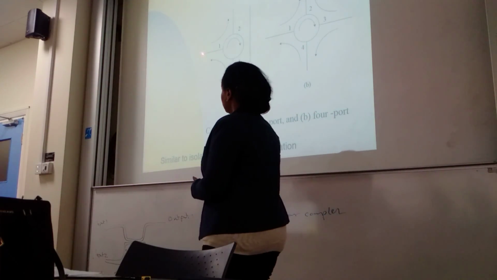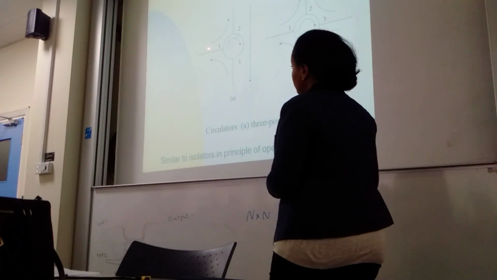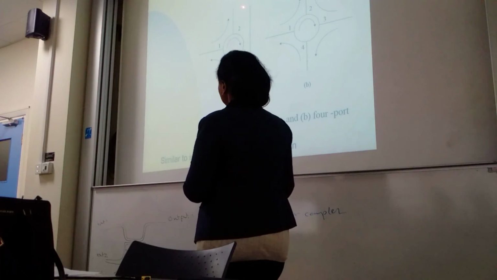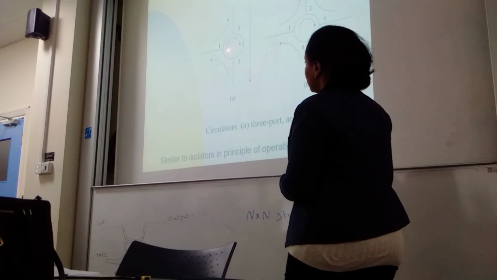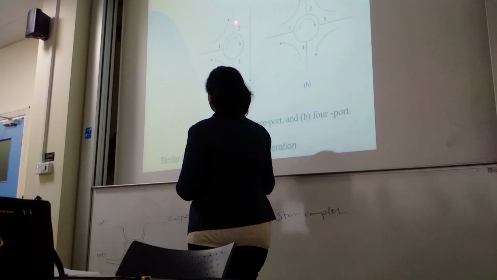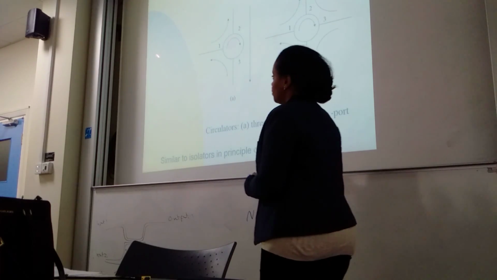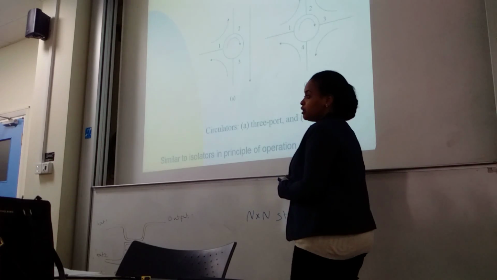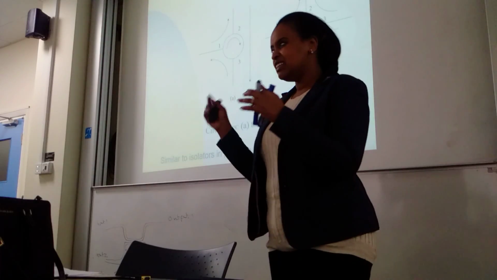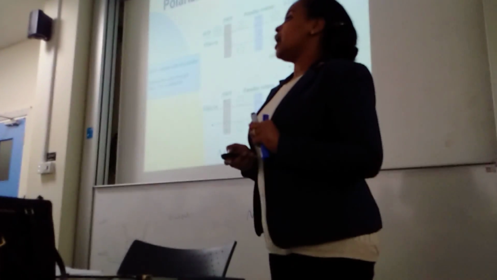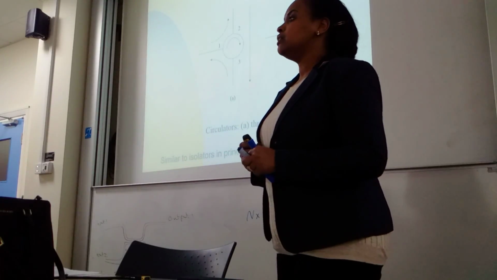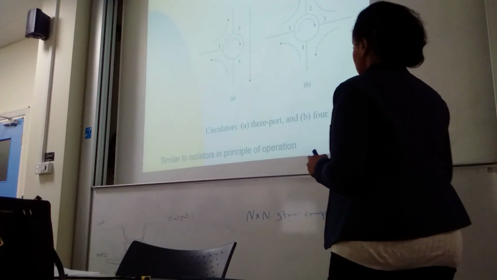The 3-port circulator will allow the input at port 1 to go to port 2, the input at port 2 to go to port 3, and at port 3 to go to port 1. It will not allow the input at port 2 to go to port 1, for example, or at port 1 to go to port 3, or at port 3 to go to port 2. Do you see? It's the same concept as the isolator, but extended to multiple directions.